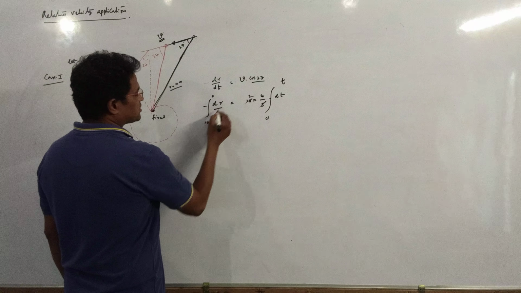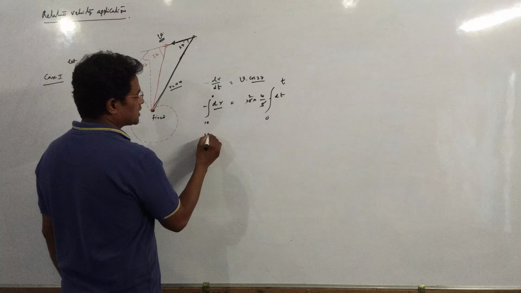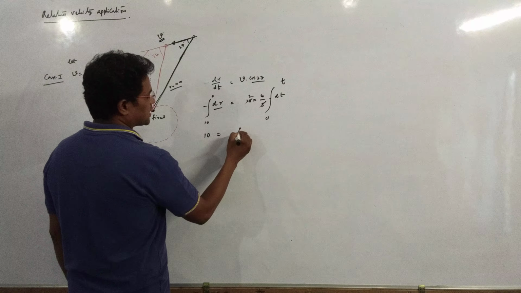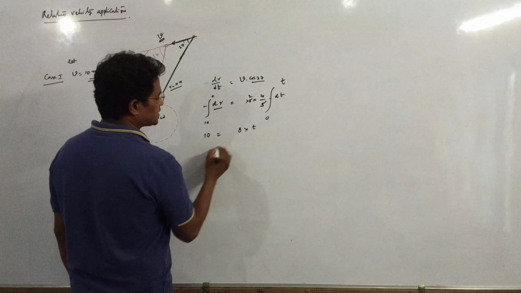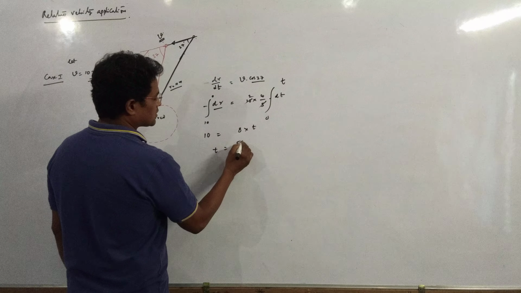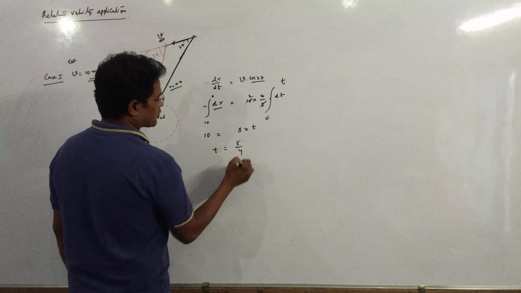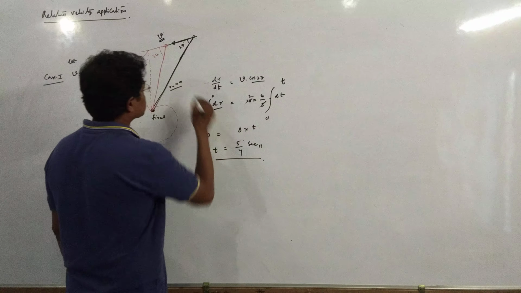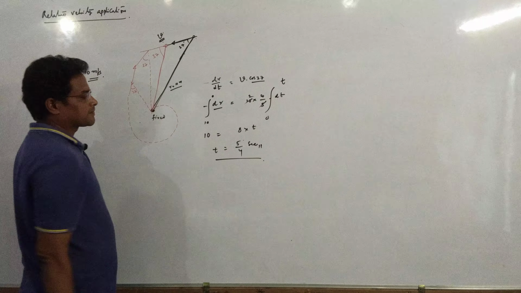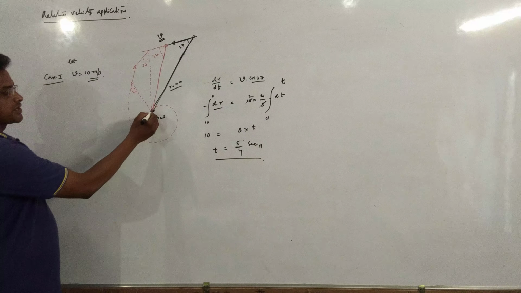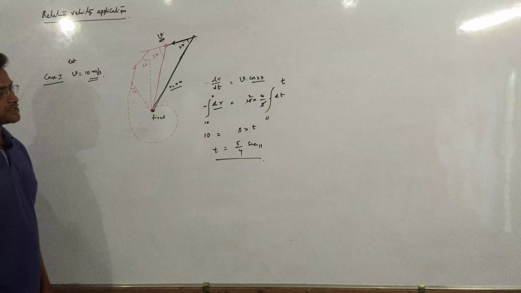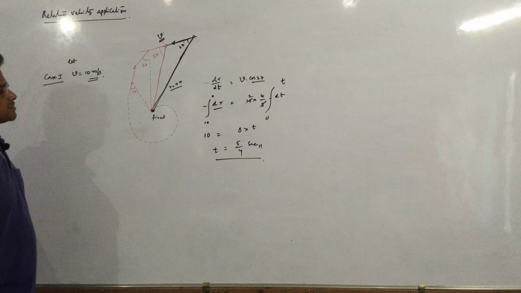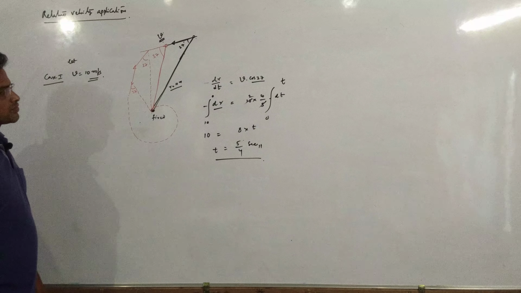Now this 10 is equal to 8 into t, so t can be taken as 5 by 4 seconds. After 5 by 4 seconds the particle reaches the fixed point. After what time is the particle going to reach the fixed point? The time is 5 by 4.